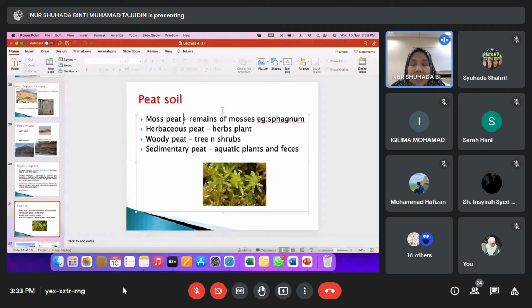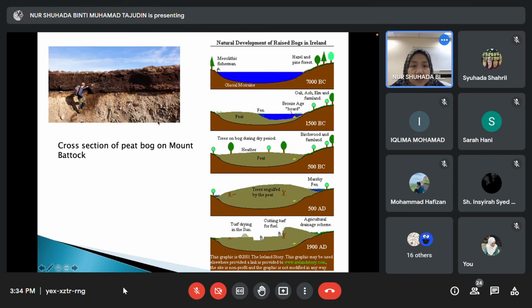Okay, but we don't usually have our own peat. Kita selalu import lah that peat. Okay, kita tak ada moss peat ni. We usually have woody peat. Okay, kawasan-kawasan tanah gambut dekat area Sepang, dekat area Johor. Okay, mostly woody peat.